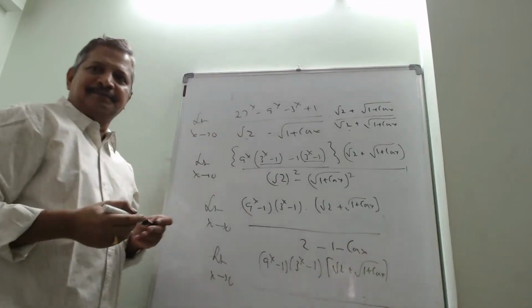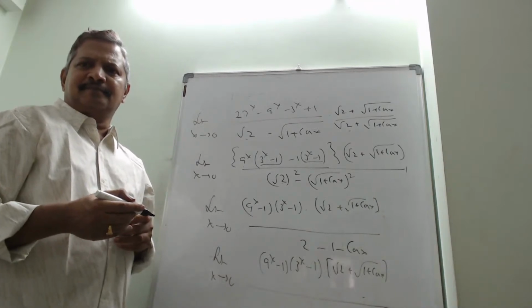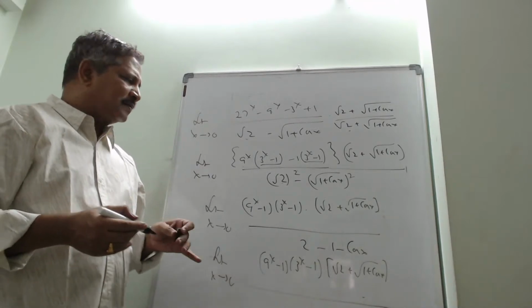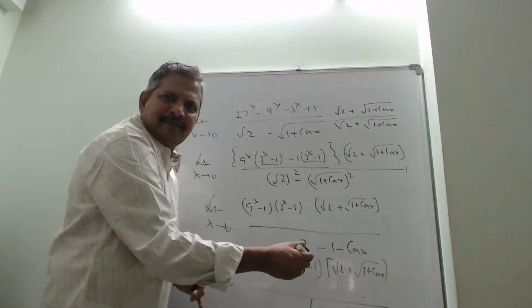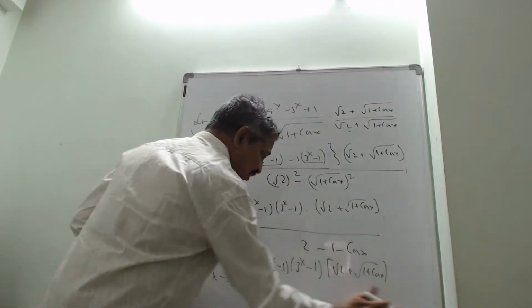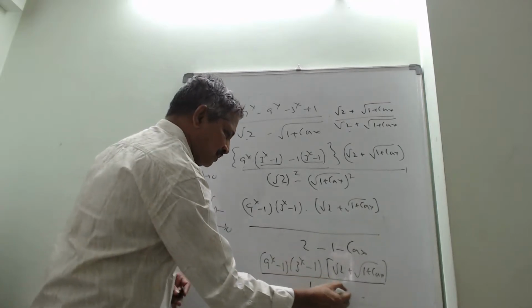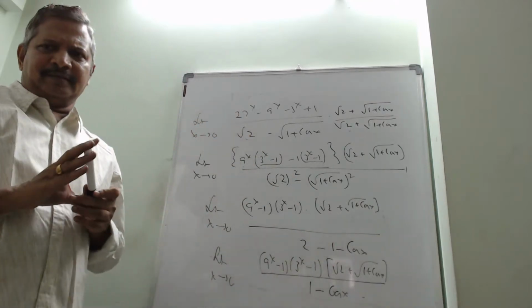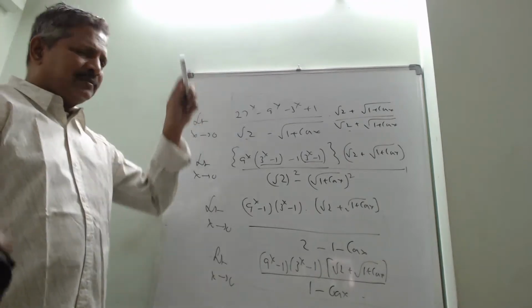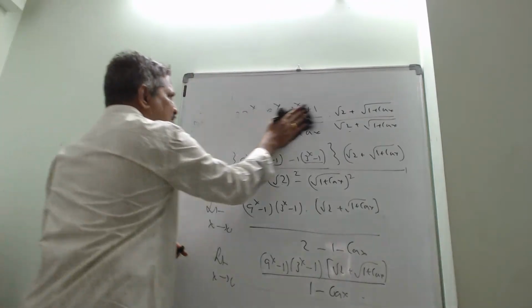Denominator is 1 minus cos x, which is left in the denominator. Because it's not visible, I will write the next step at the top.